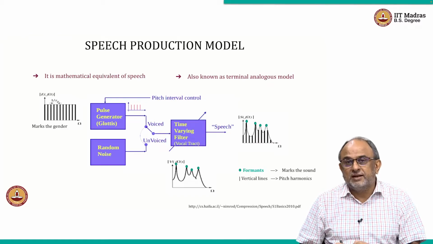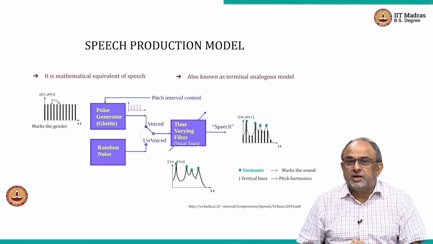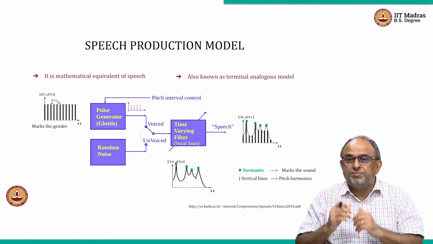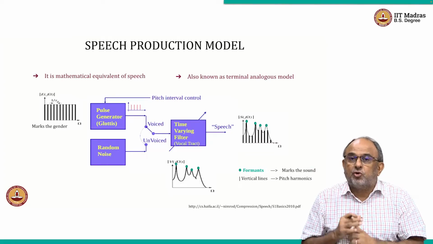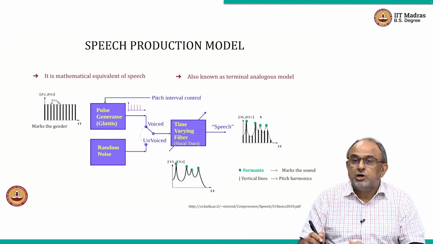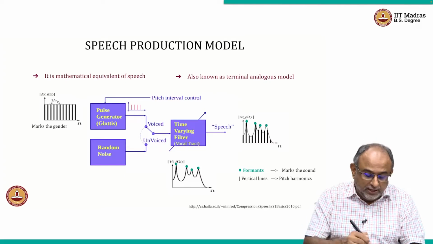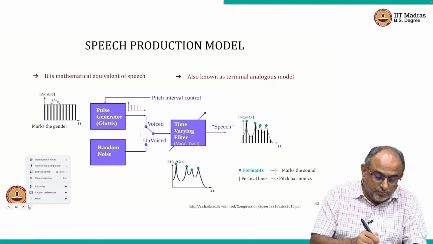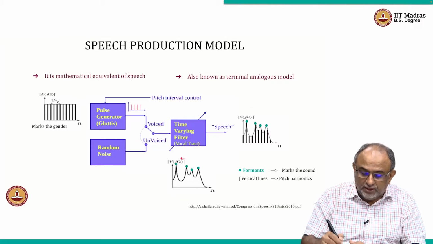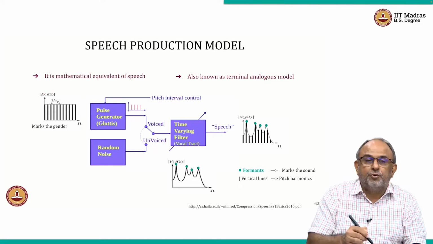But log has another important property. Multiplication, a times b, right? If I apply a log, log of a times b is log a plus log b. So there was some multiplicative thing. S of omega was nothing but V of omega multiplied by E of omega.